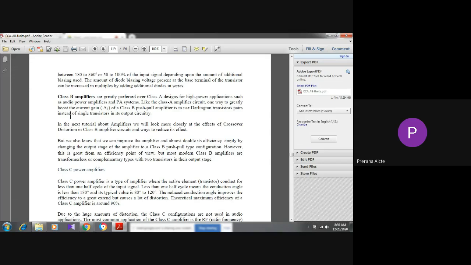Like the class A amplifier circuits, one way to greatly boost the current gain of class B is to use a Darlington pair. I already explained Darlington also. In Darlington, you will get high current gain. That is the advantage of Darlington.